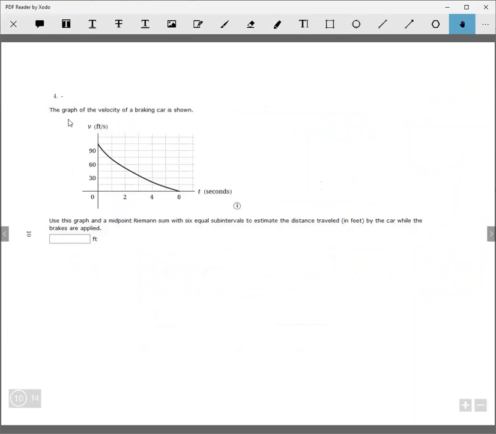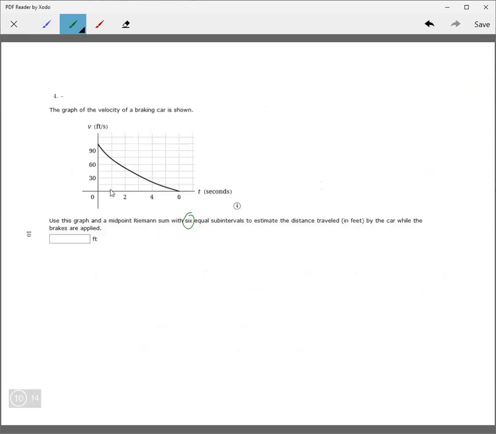Okay, let's look at number 4. The graph of the velocity of a braking car is shown. Use this graph and a midpoint Riemann sum with 6 equal subintervals to estimate the distance traveled by the car while the brakes are applied. Okay, so we get to do 6 intervals.